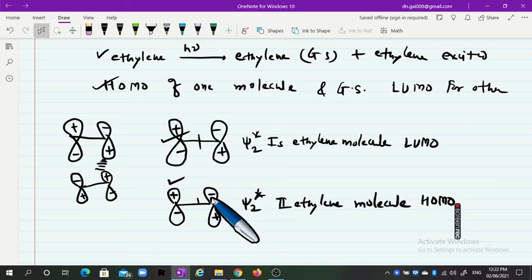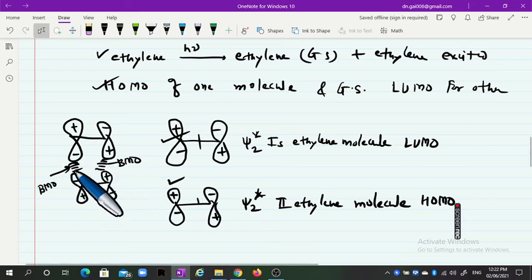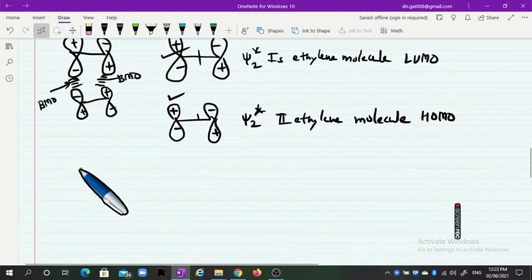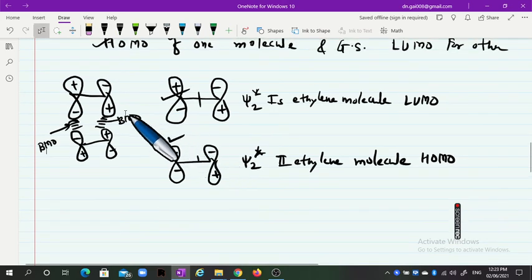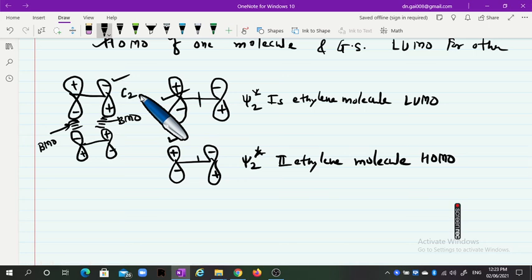Therefore the same phase of addition is there, a bonding molecular orbital, and this is also a bonding molecular orbital. If we consider this orbital, there is a C2 symmetry present, and for the second ethylene orbital there is also C2 symmetry.